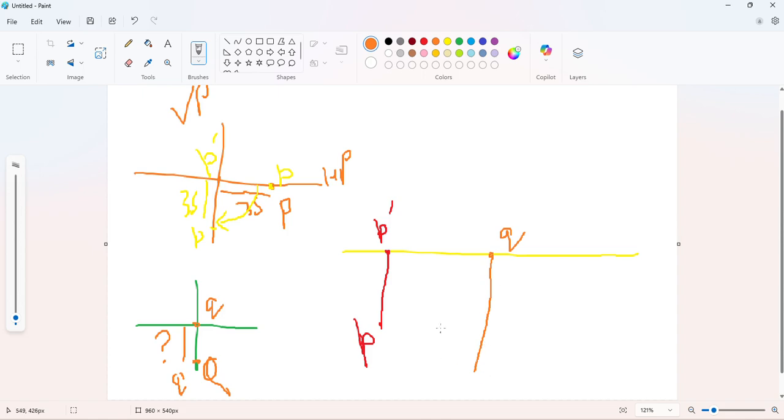We don't know this point, so we are just going to use what is given. From P dash there is a line which makes an angle of 30° with the XY line. So we are going to start this in another plane.